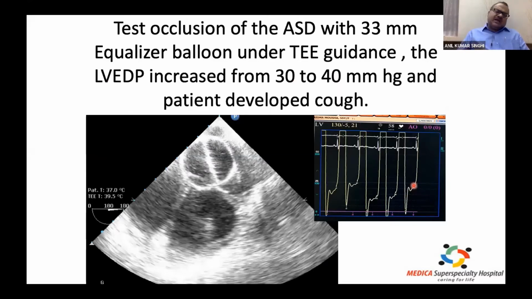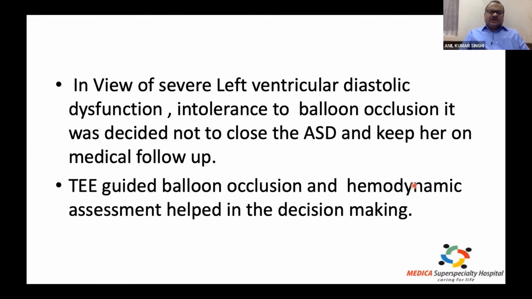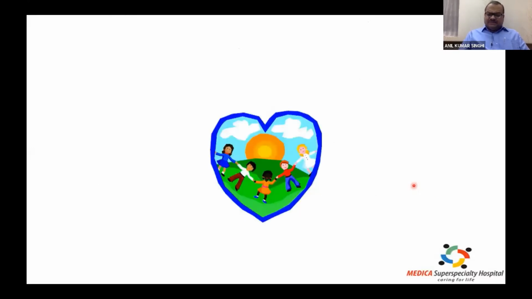That was telling us the patient will not tolerate that closure and we should not embark on closing the defect. So in view of severe left ventricular diastolic dysfunction and intolerance to balloon occlusion, we decided not to close the ASD and keep her on medical follow-up. TEE guided balloon occlusion and hemodynamic assessment helped in this decision making.